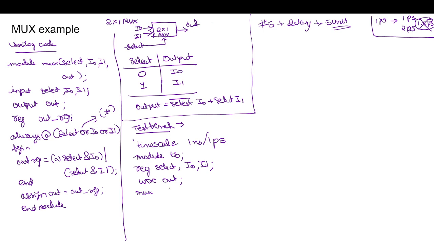The mux instantiation as M1. Now I will pass it directly. Here first I have to pass select, then I0, then I1, and then out.